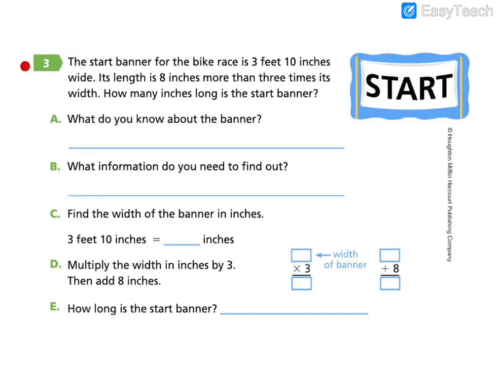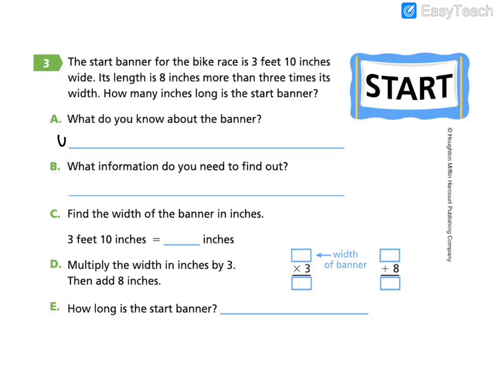Okay, let's look at number 3. The start banner for the bike race is 3 feet 10 inches wide. Its length is 8 inches more than 3 times its width. How many inches long is the start banner? Well, what do we know?